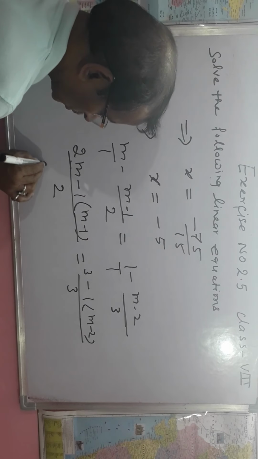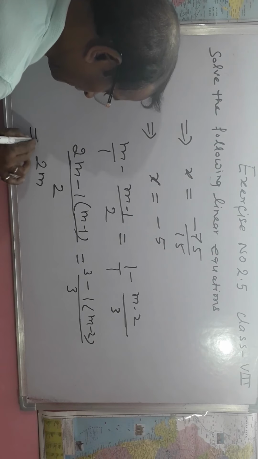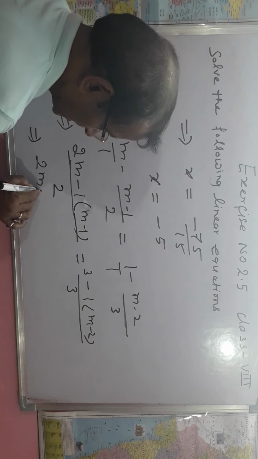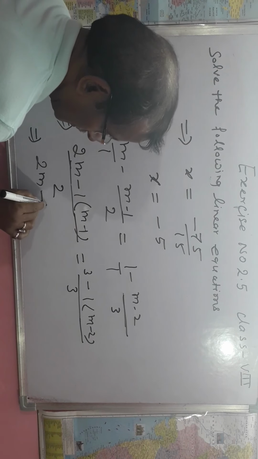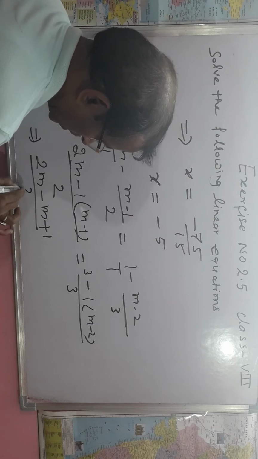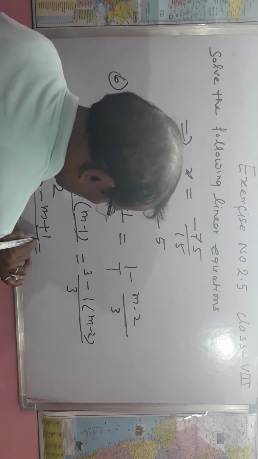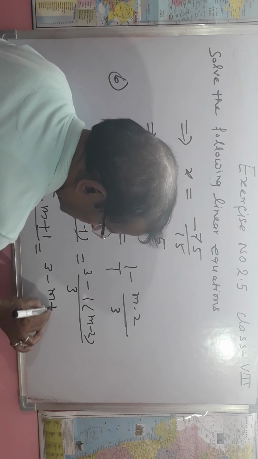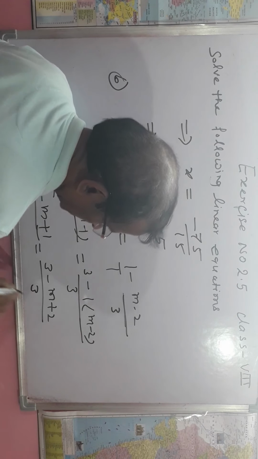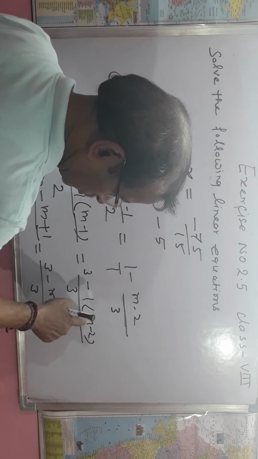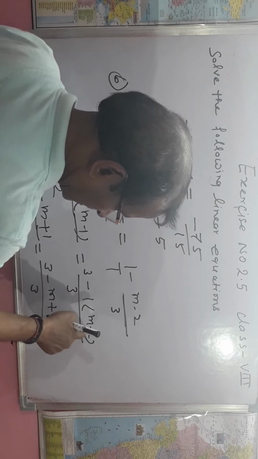Now 2m, the implies symbol we have to apply. 2m minus (m plus 1) upon 2 is equal to 3 minus (m plus 2) upon 3. Minus multiplied by the minus sign, minus minus becomes plus.